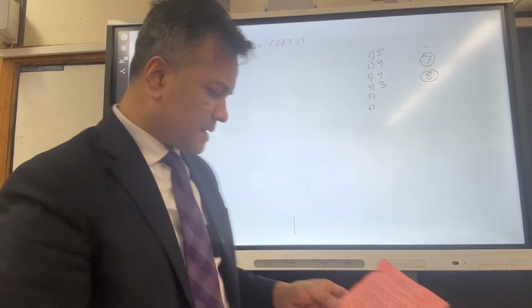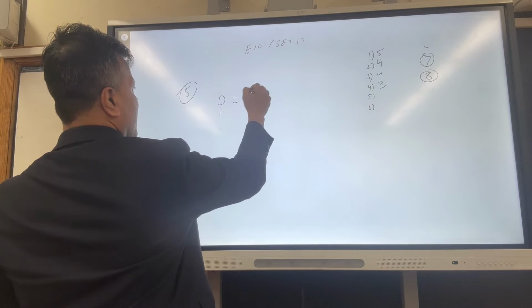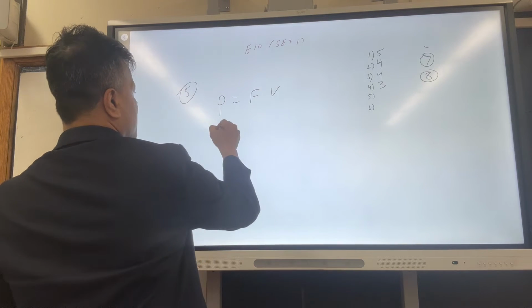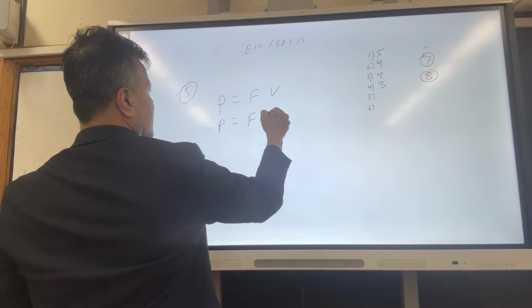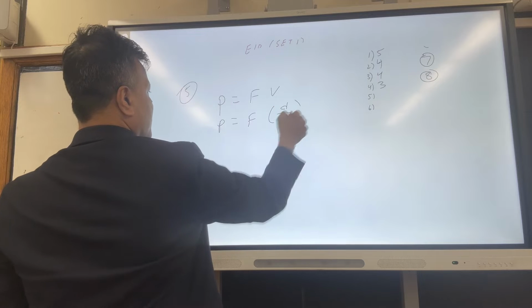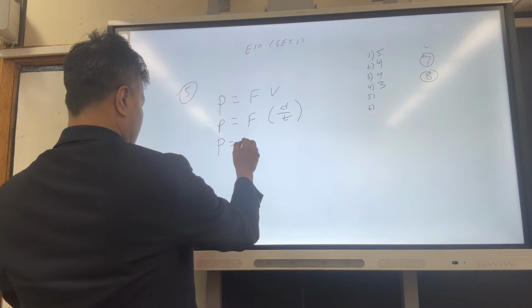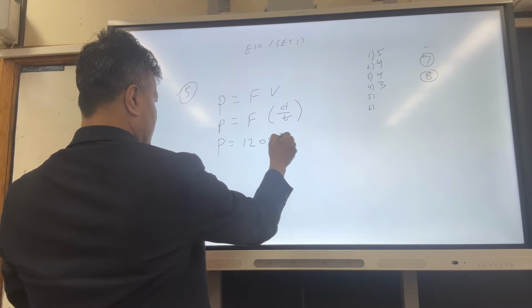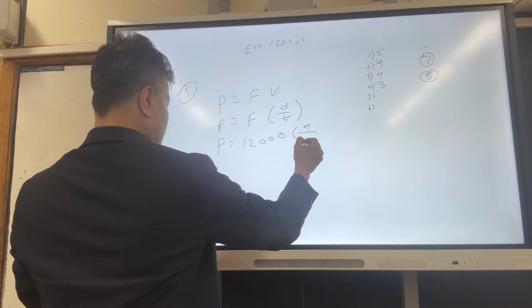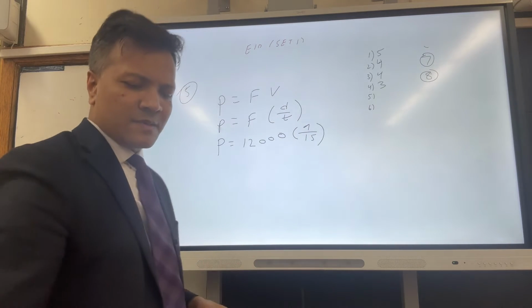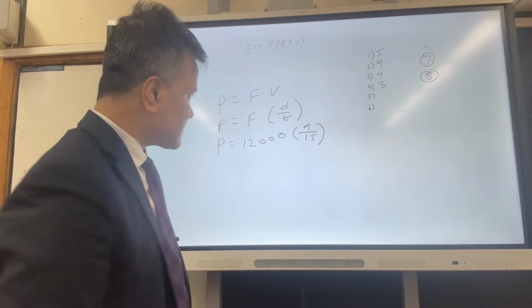Okay, the electric lift. This is the easiest one. Power is equal to F times velocity, and velocity is distance over time. Distance is 9 and time is 15. 9 divided by 15 is 0.6.